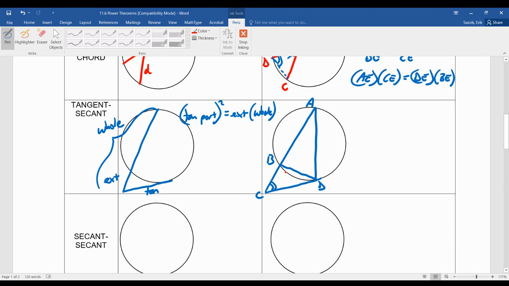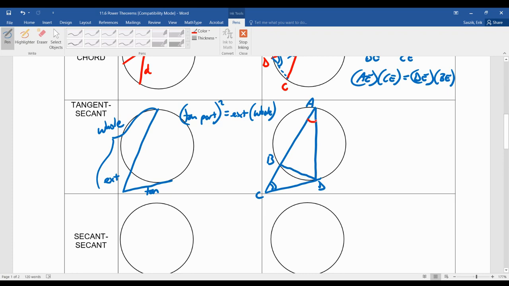Angle BDC is a tangent chord angle. It's on the edge of the circle. It's half the arc it intercepts. Angle A is an inscribed angle. It intercepts the same arc BD that this tangent chord angle intercepts, and it's also half the arc intercept.